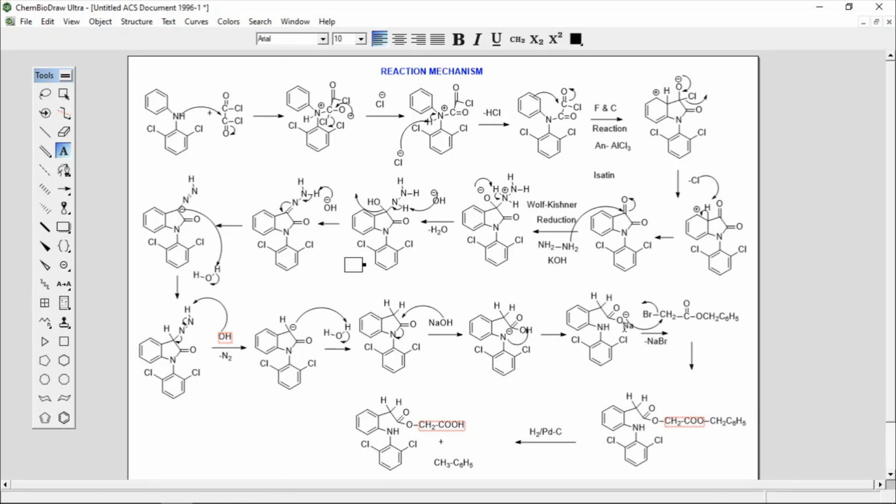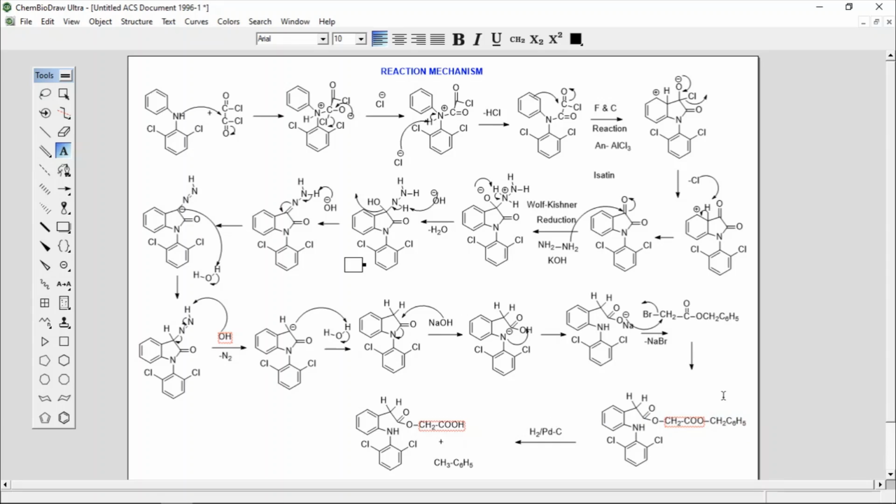The O minus and Na plus, the sodium, will be attached to this oxygen anion. So minus NaBr is the leaving group, and you will get this final O substituted product, because oxygen will form a bond with this CH2. So O CH2 C double bond O CH2 C6H5.